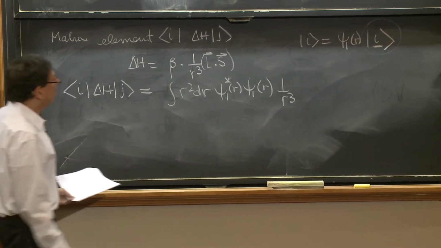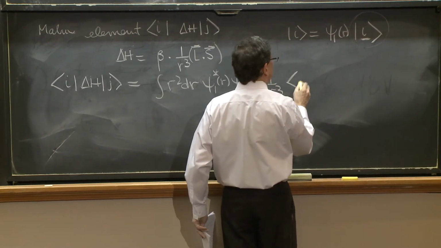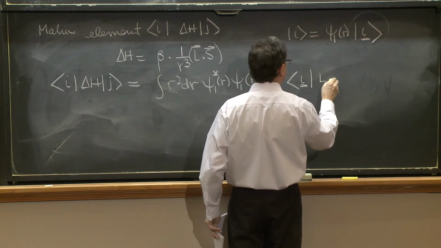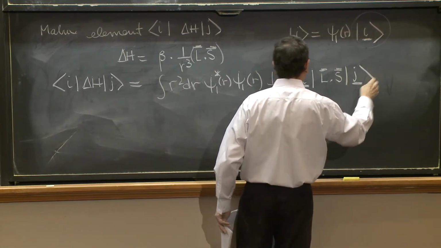And then it has the other part, the i underbar, the L dot S operator, and the j underbar.